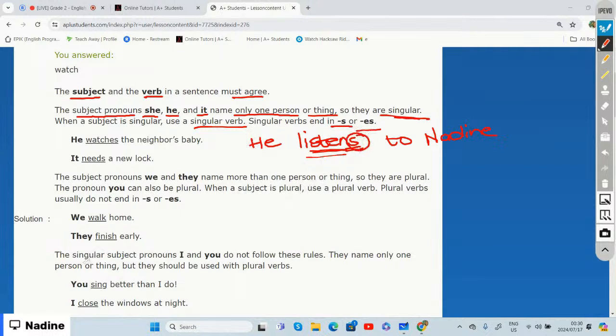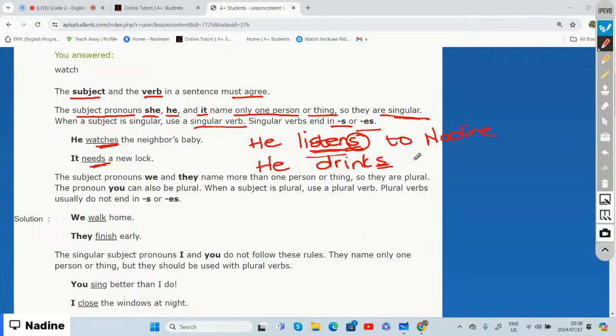So one person listens, one person needs, right? If I, for example, want to say that Basil is drinking something, instead of saying Basil's name, we say he drinks, because now we need to add our S to that verb.